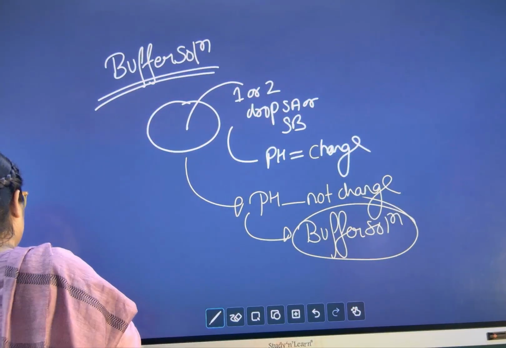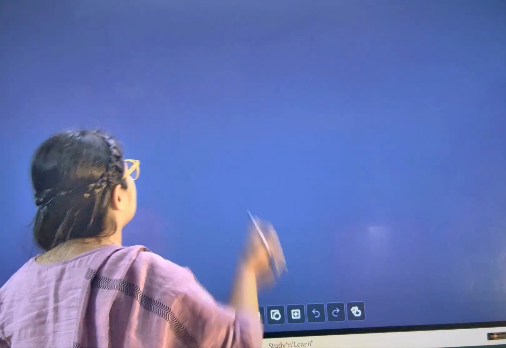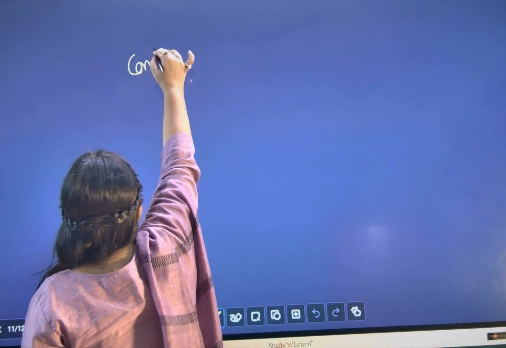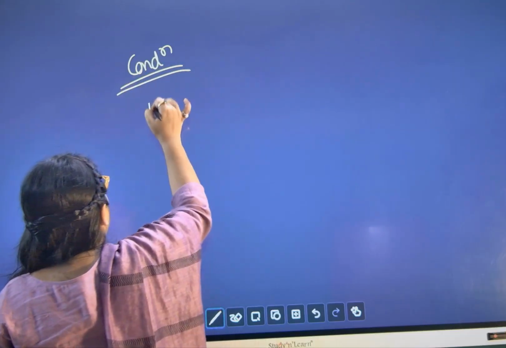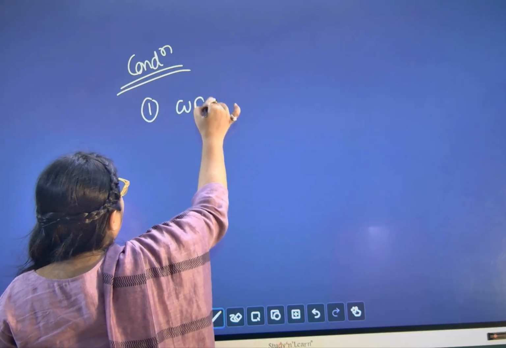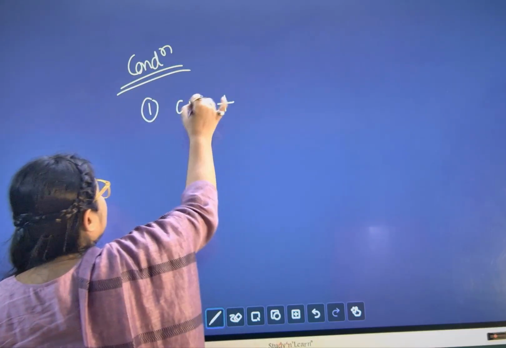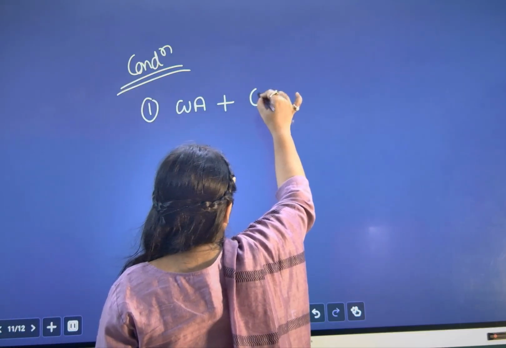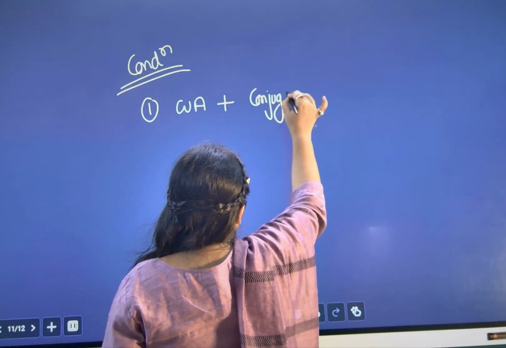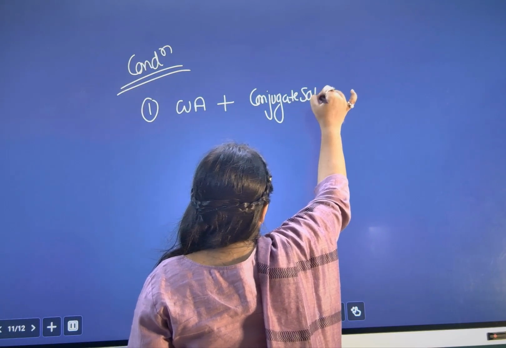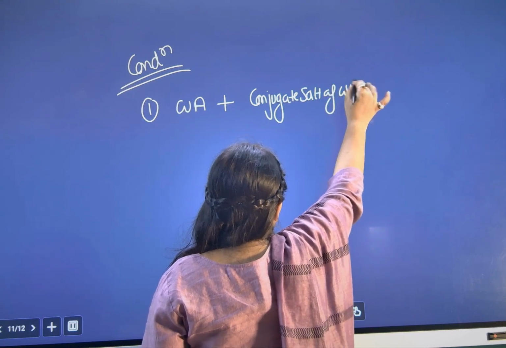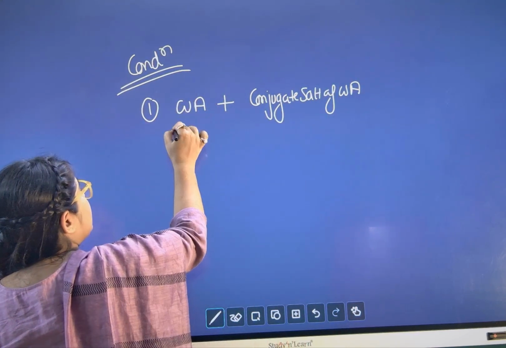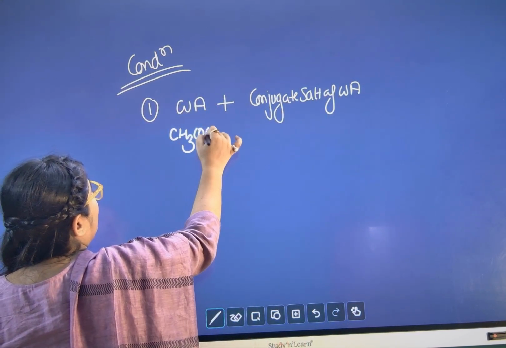Now we will see the case of buffer solution, or the condition for buffer solution. For a buffer solution, I should have a weak acid and the conjugate salt of the weak acid. What does it mean? Weak acid, let's say I'm taking CH3COOH.